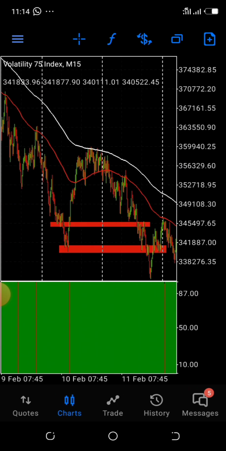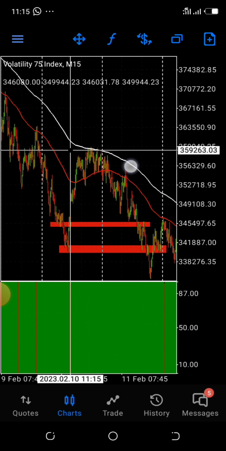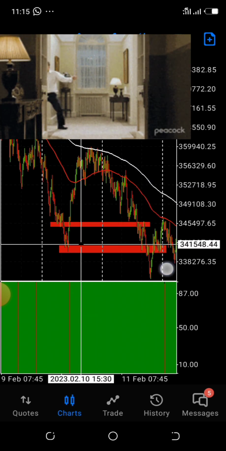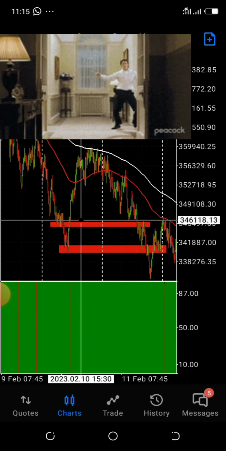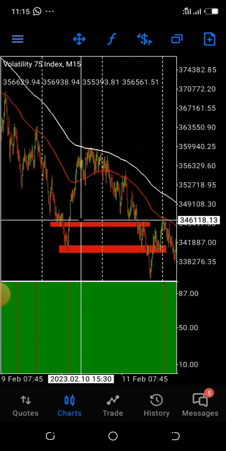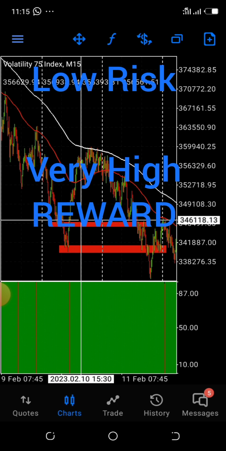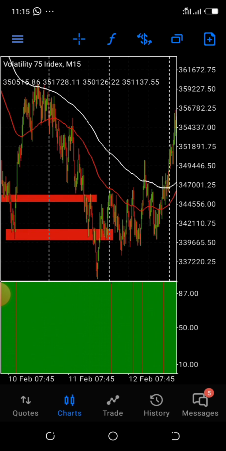Now, how much do you think you are going to make if you risk just $10 within just this small value here? The amount you are going to make will be very, very huge. You are trading a strategy where the risk is very low and the reward is high. That's the advantage of these guys.